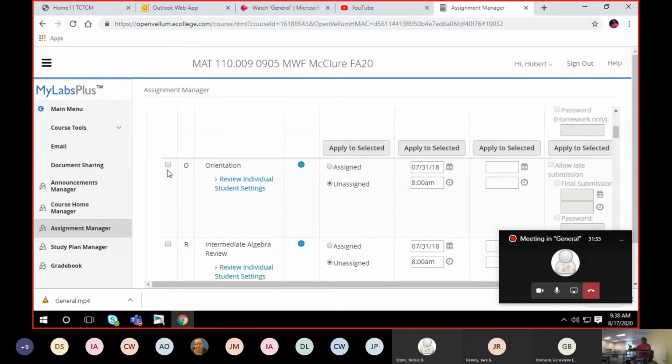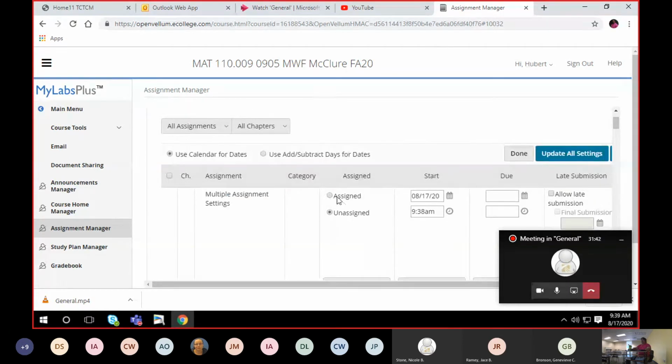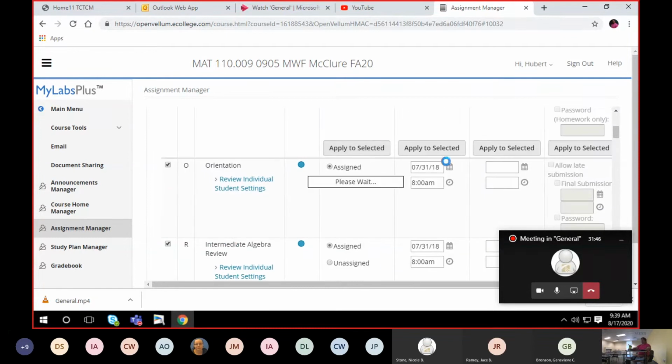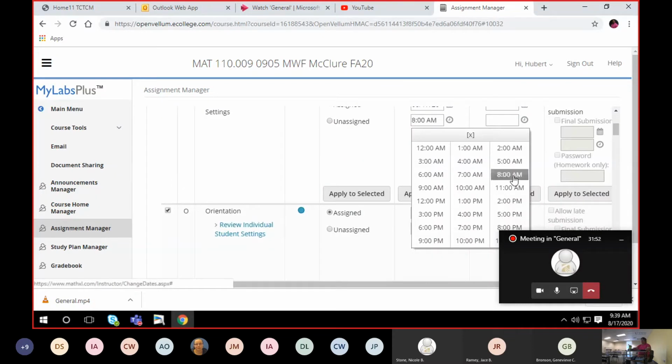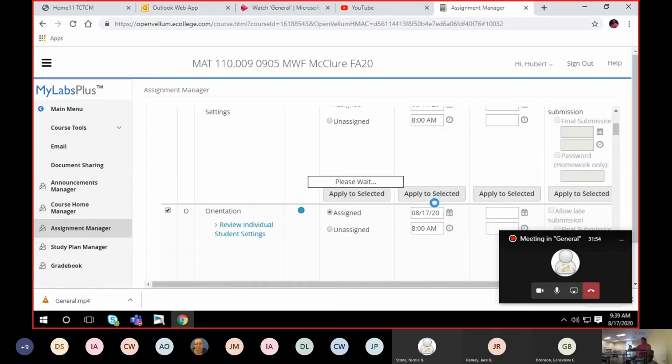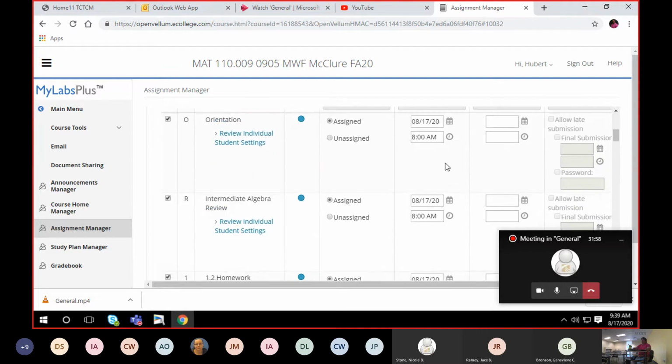I'm going to go ahead and assign the orientation, the intermediate algebra review, and 1.2. Let's go ahead and assign all three of those. Today, I'm going to put 8 o'clock because I always put 8 o'clock. And we'll leave it open. So now you got homework to do.